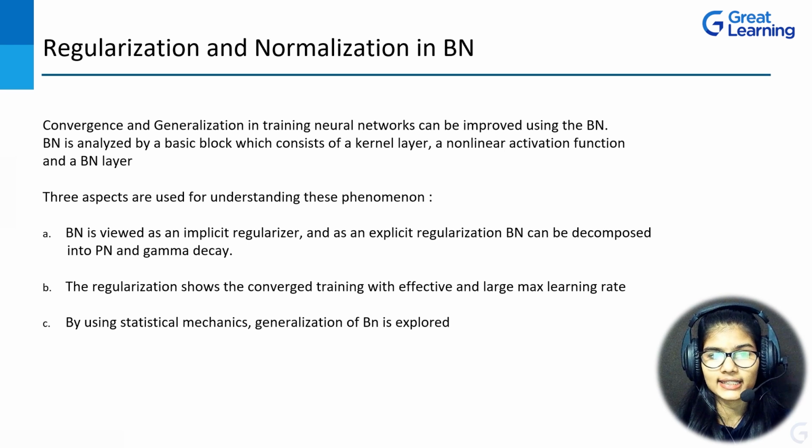Next, there are three aspects which are used for understanding this phenomenon. The very first one is that batch normalization is viewed as an implicit regularizer, and as an explicit regularization, batch normalization decomposes into the Pn and the gamma decay.